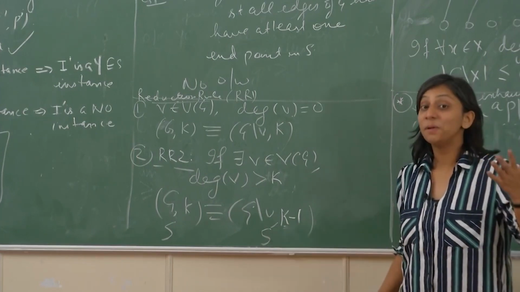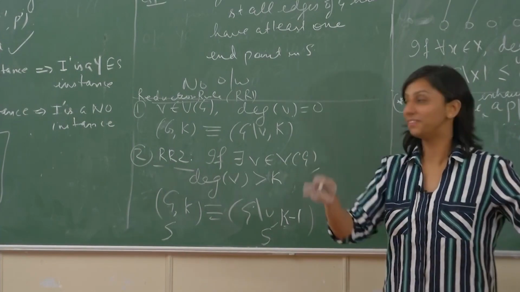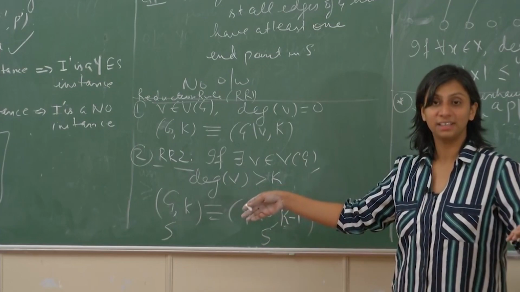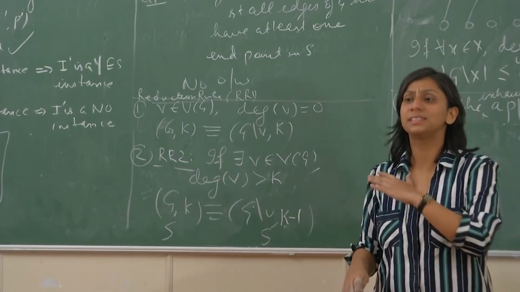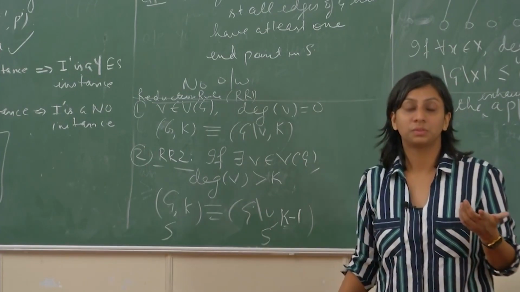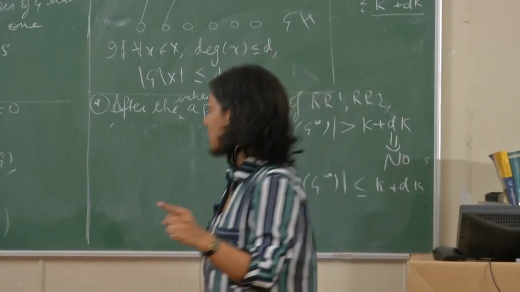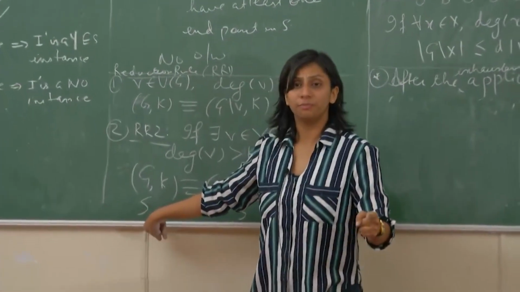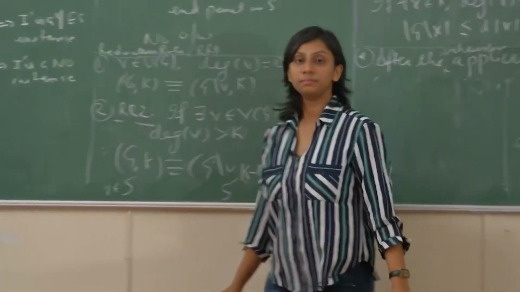See, again, this formal proof is nothing but what we just nodded to a minute back. We were all convinced that this reduction rule is safe, right? Why did we all nod? We all agreed, and believe me, there is nothing more to it that I'm trying to prove. Exactly. So whatever solution you give me, V has to be present here, right?